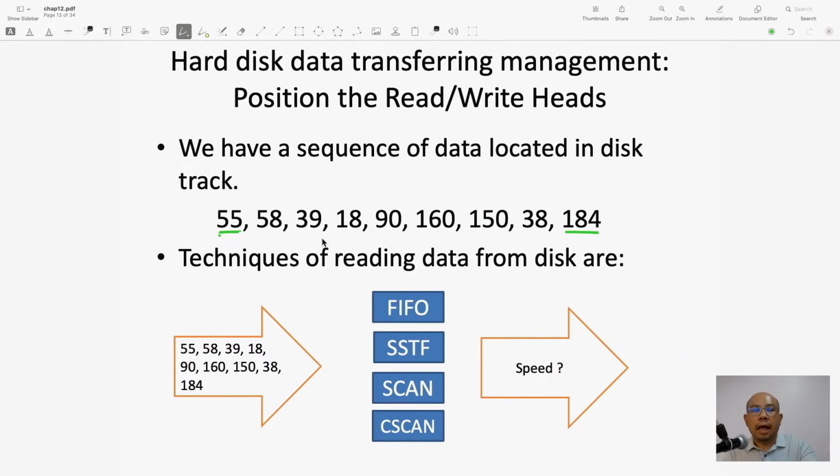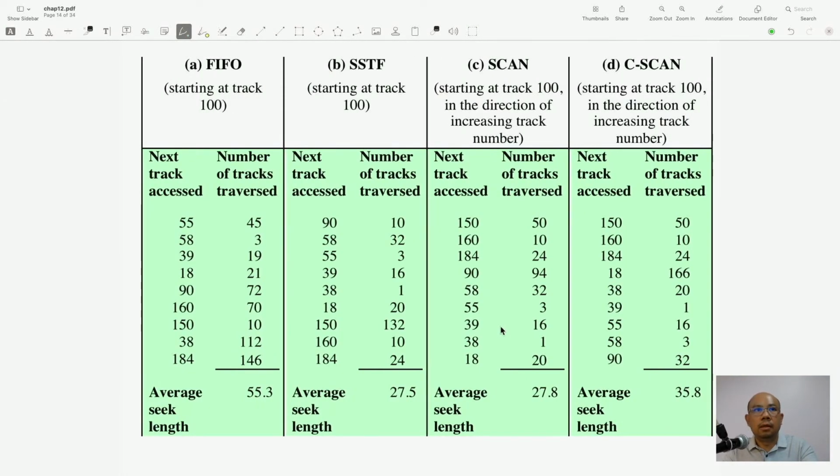Okay, now I suppose I send the locations to each algorithm: first in first out, shortest service time first, SCAN and C-SCAN, and I compare the speed of each algorithm. Now we will look at the details.